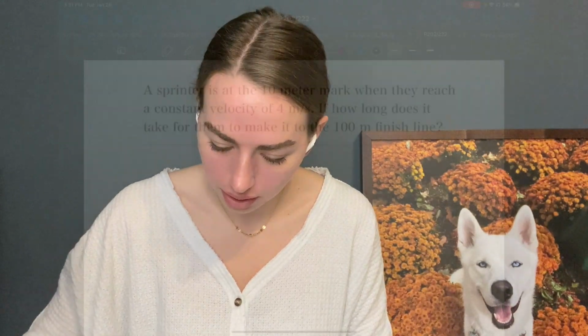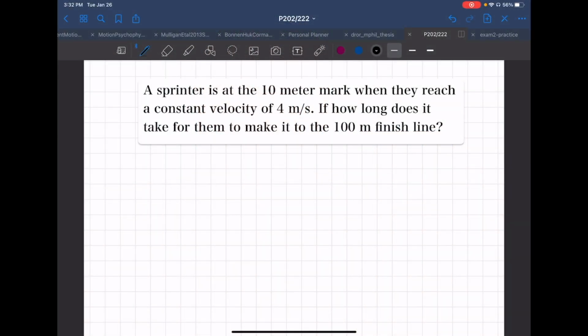So let me go to screen record on the pad, and I'll go through a simple example of how we might use something like this. We have a sprinter who is at the 10-meter mark when they reach a constant velocity of 4 meters per second.